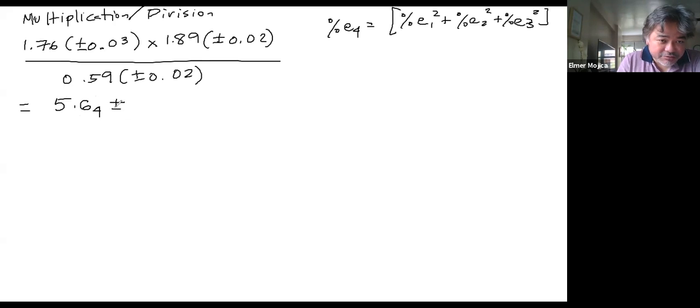So what would this be equal to in terms of the relative uncertainty and the absolute uncertainty? How do we get the percent E1 squared here? It's 0.03 divided by 1.76 times 100. So you have here 1.7.